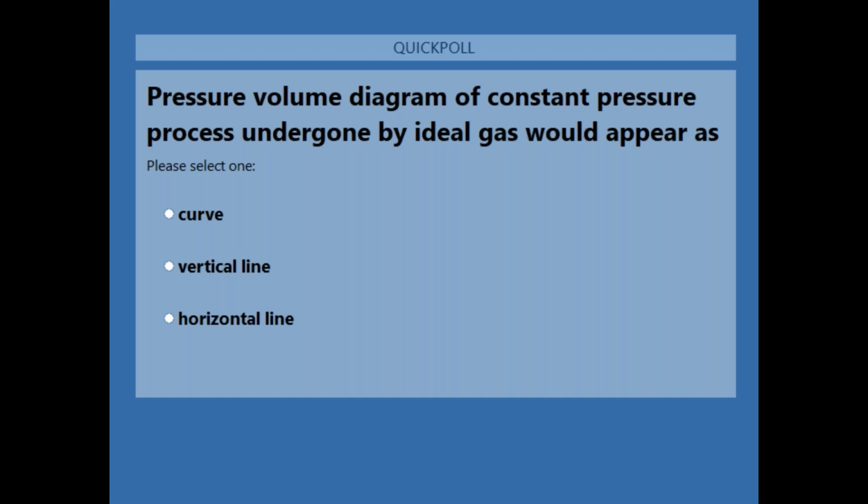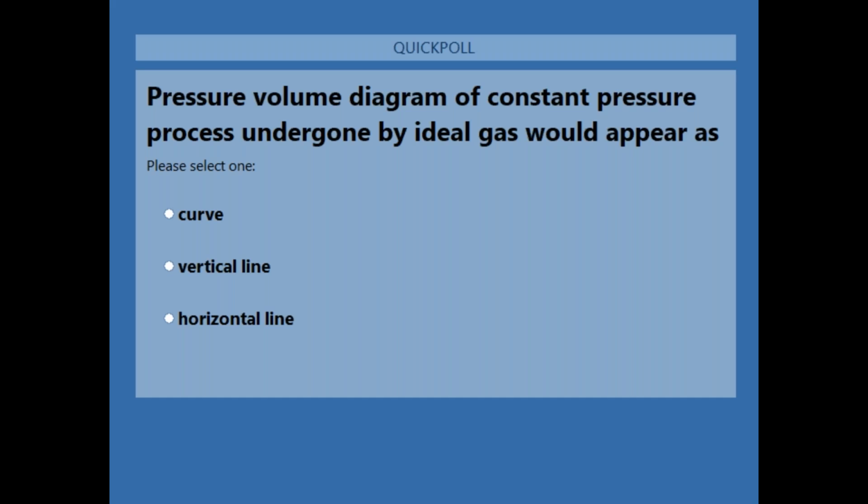What is asked is how would a pressure volume diagram look when you consider a constant pressure process involving ideal gas as a working fluid. Let me shut down this poll. 55% of the students have answered the poll.